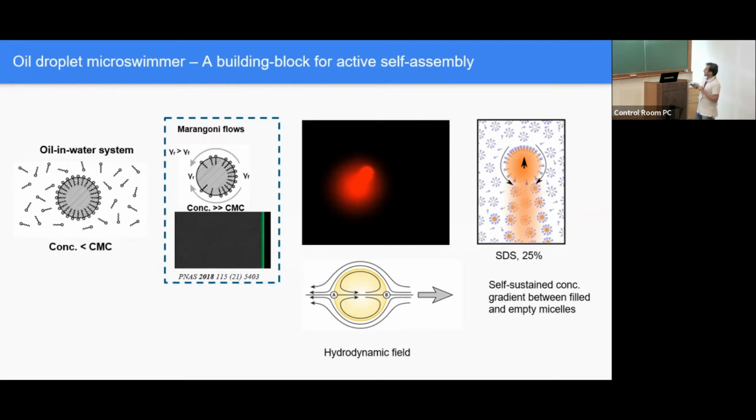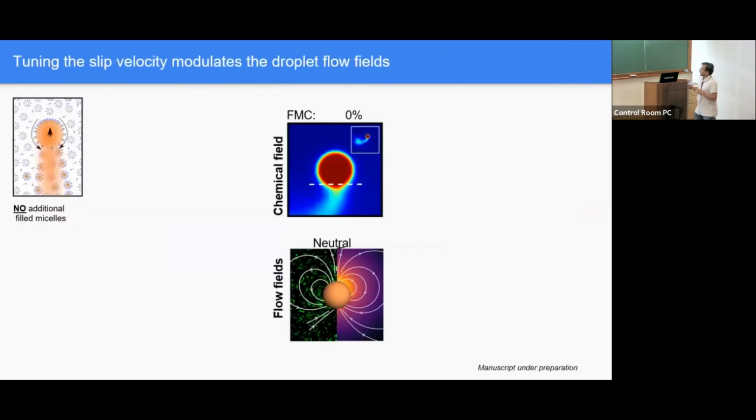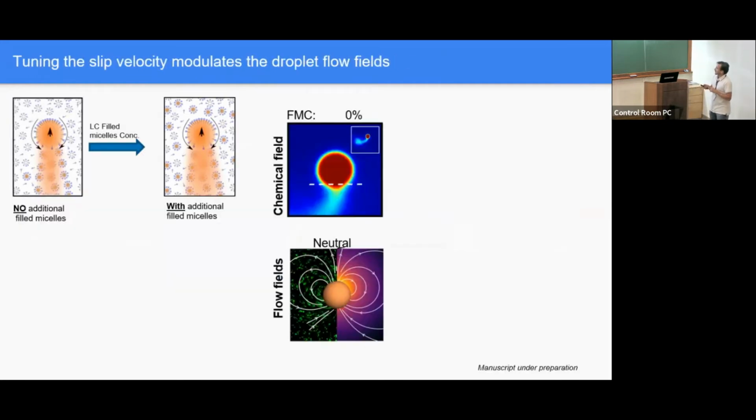Here I'm going to show you that these slip velocities can be controlled by controlling the fraction of filled micelles. Without going much into detail, when we change this fraction of filled micelles in such a microswimmer system, we see qualitative differences in the flow fields.